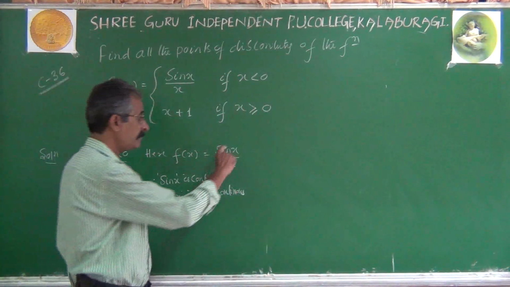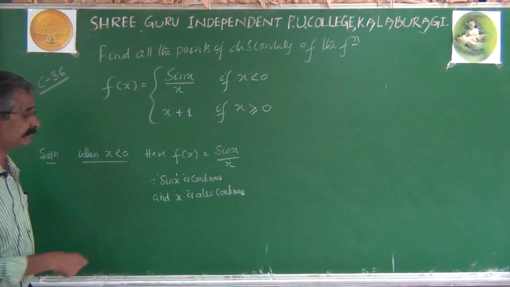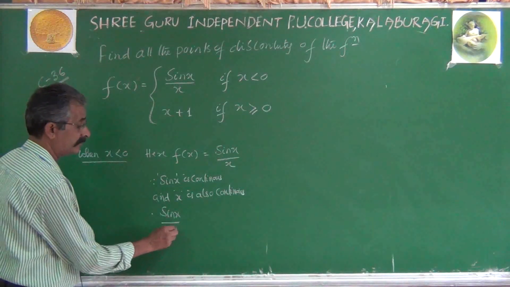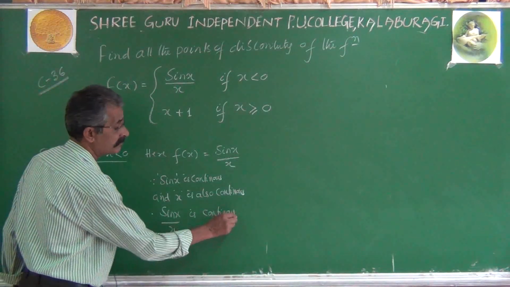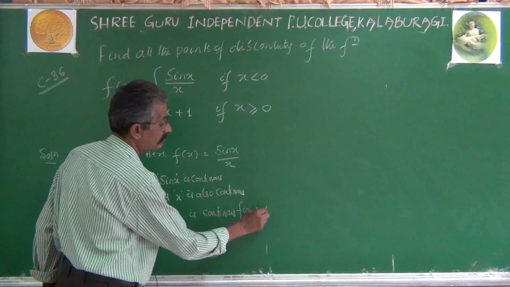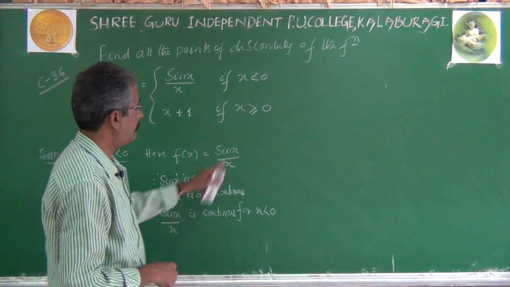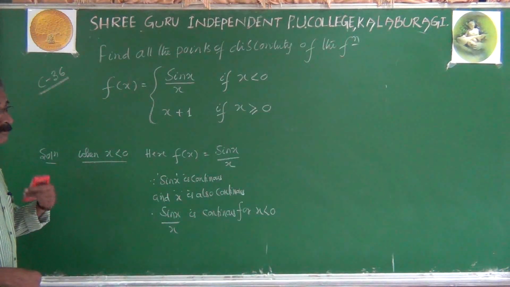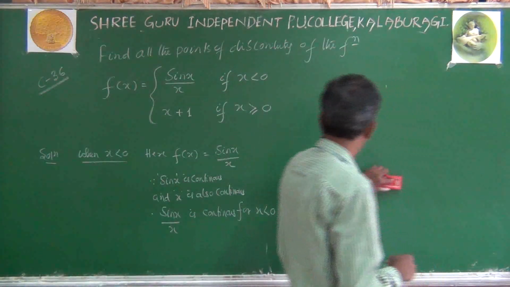In fact, we have a quotient of two continuous functions, and the result is again a continuous function. Therefore, sin x divided by x is continuous for x less than 0. Because the fact is that f x divided by g x is always a continuous function whenever both f x and g x are themselves continuous functions.